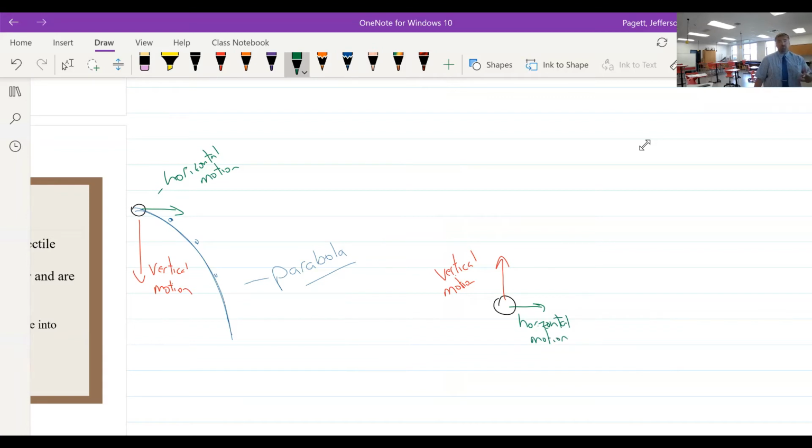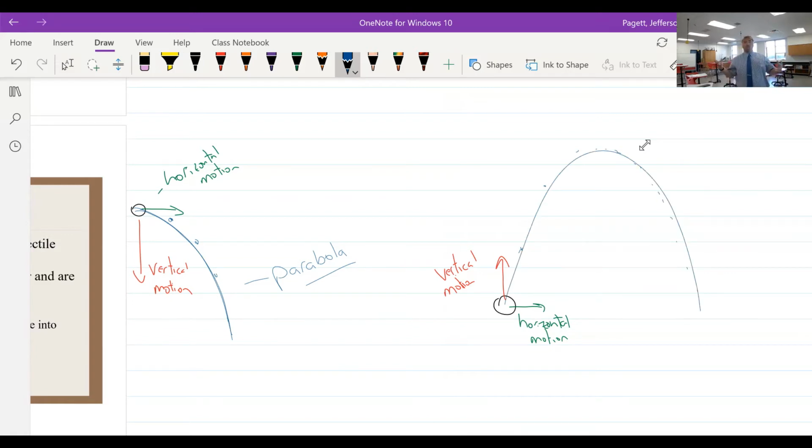We know that an object we throw up is going to go up as high as it can and then come back down. We've seen this before. Horizontally, it's going to be moving forward. So if we were to plot this out, this object would go here, and here, and here, and here, and then start to come back down again. It would follow a full parabola.